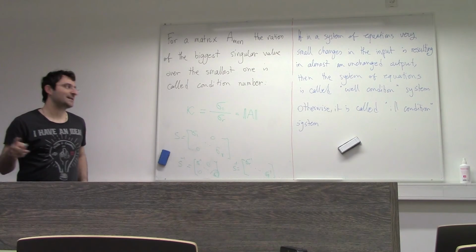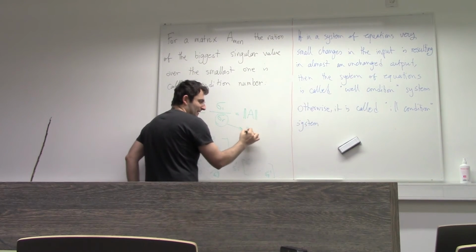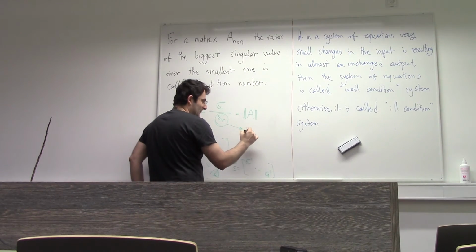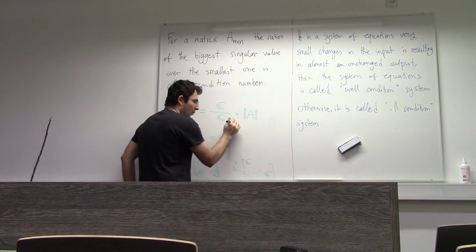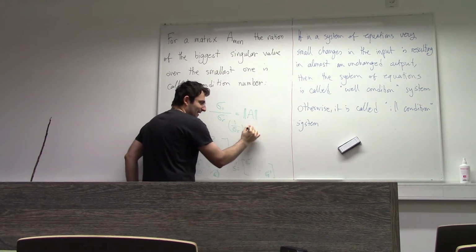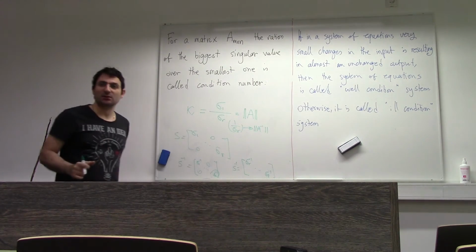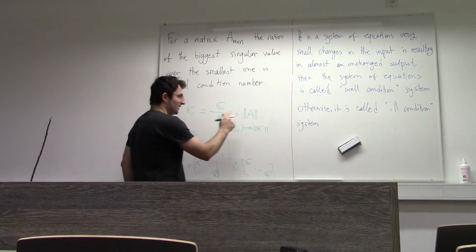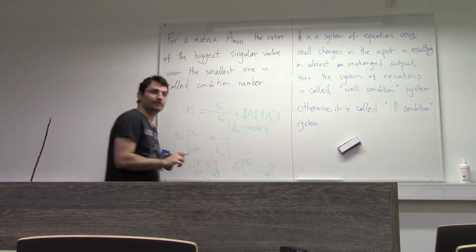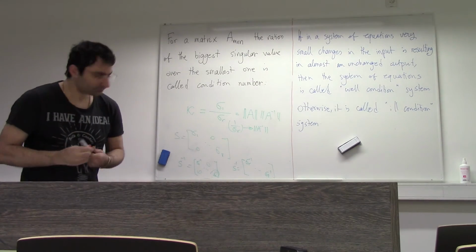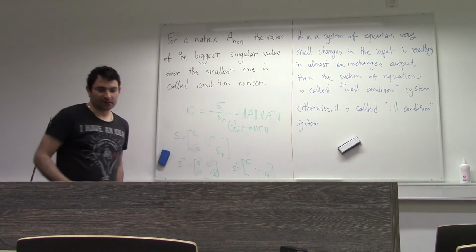A inverse. Exactly. 1 over sigma r is actually the biggest singular value that A inverse will have. So this is equal to this term as well. Sigma 1 is equal to norm of A, we will prove it much later in this chapter.